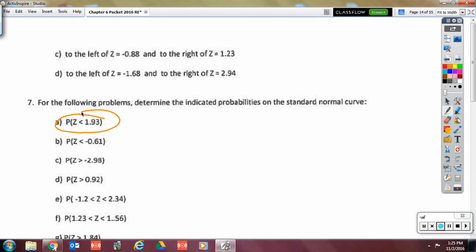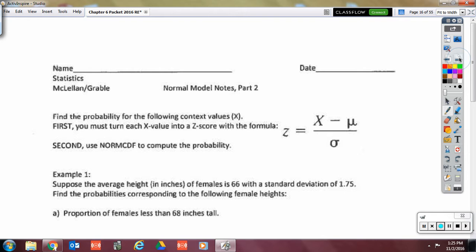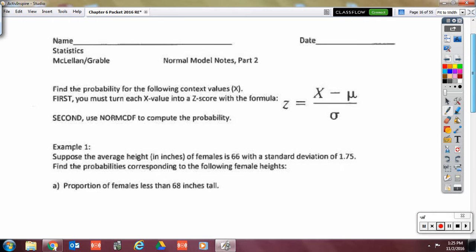That's the only difference. Otherwise, they are done the same way. So here we first say, we want to find the probability for the following values. And we first have to turn our items, our context, into a z-score. So we're going to do that here. Let's look at example 1.